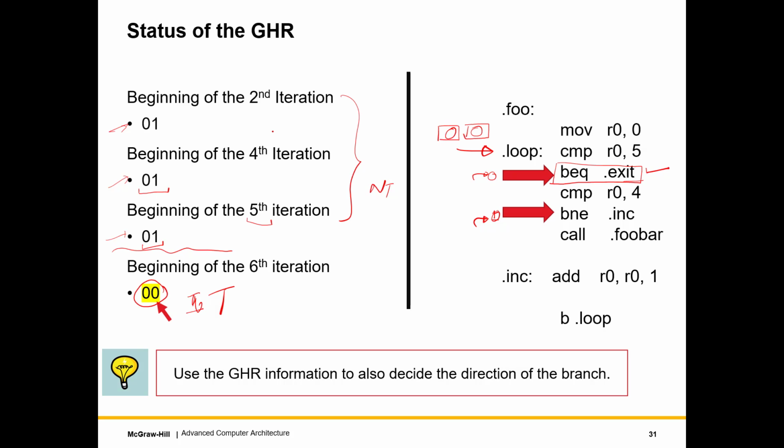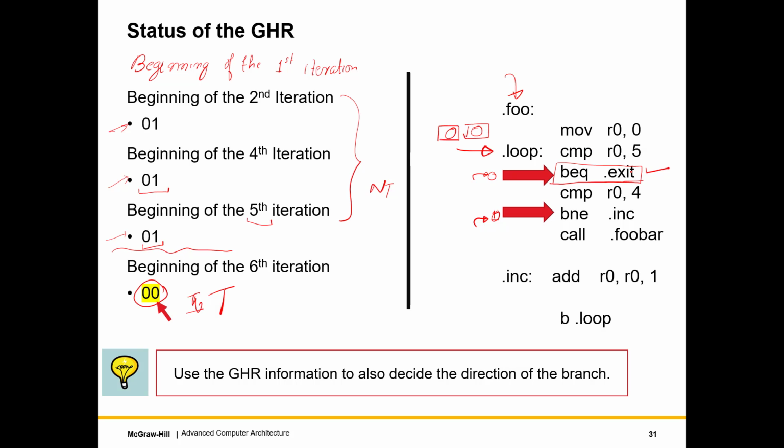There is one point that we need to mention which we have not written over here, but let me complete this. This is the beginning of the first iteration. So in the beginning of the first iteration, essentially we are entering this function. So wherever we are entering this function from, essentially the context of the last 2 branches will come from there.